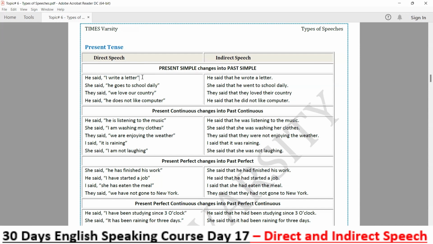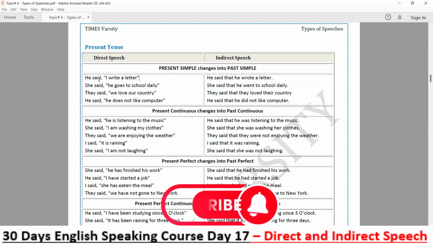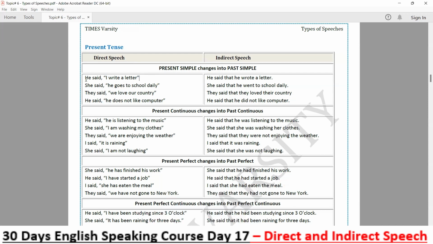He said, I write a letter. Okay. Then this he said is in which tense? Past simple, right? And then I write a letter.